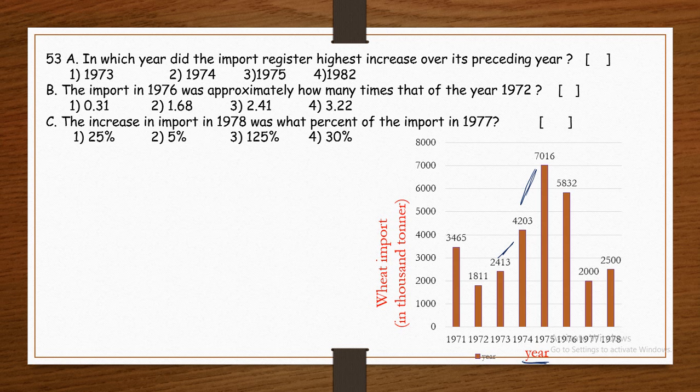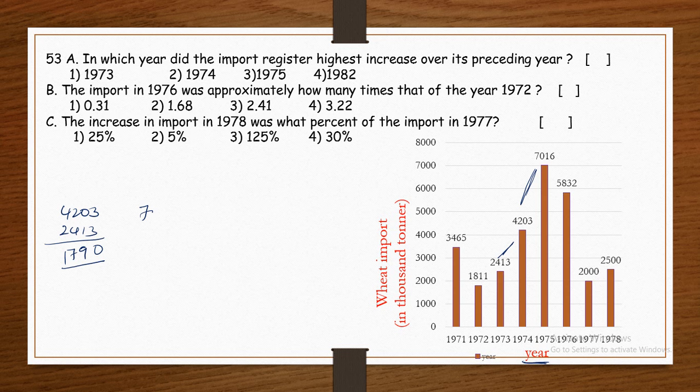For the first question, I can simply subtract. So 4203 minus 2413: 3 minus 3 is 0, 0 minus 1 is 9, next 11 minus 4 is 7, next 3 minus 2 is 1, so 1790 thousand tons.